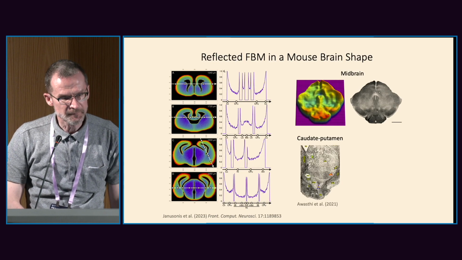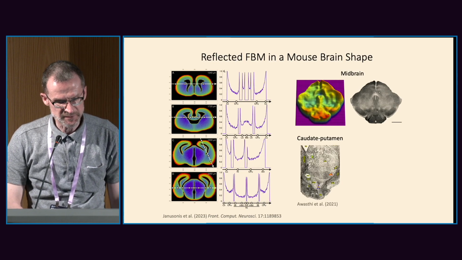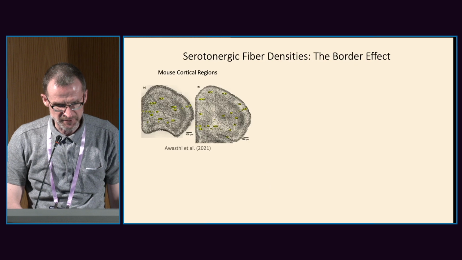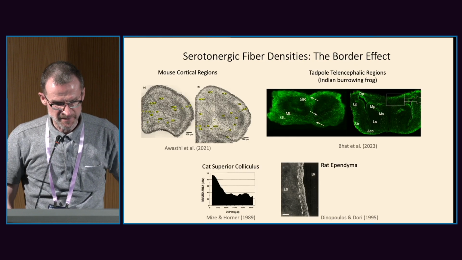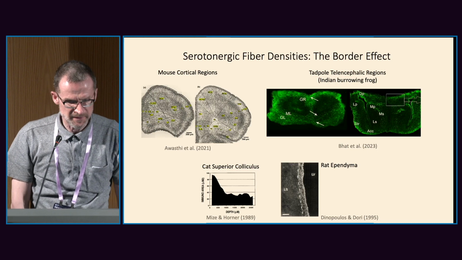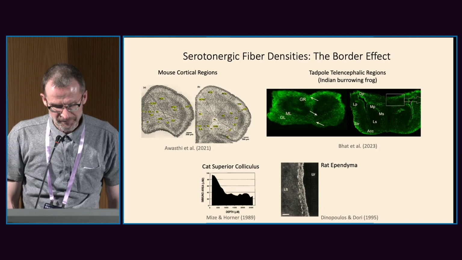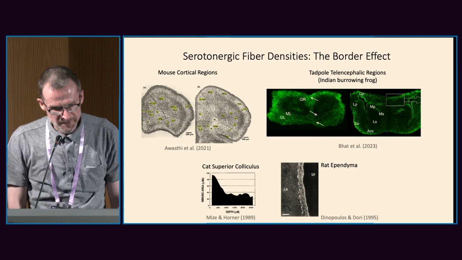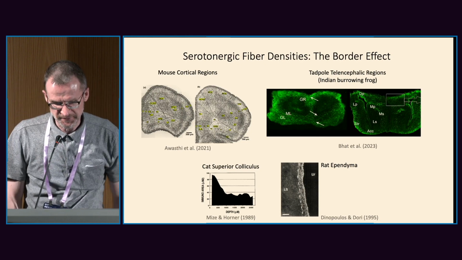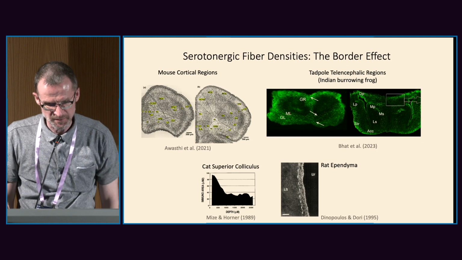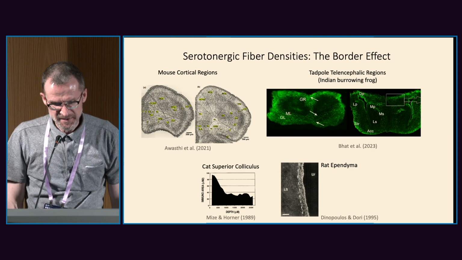Because I'm in my last minute, we can see those comparisons in the published paper. We are observing an effect which I've paid attention to for a long time, but people didn't, and that is that serotonin fibers tend to accumulate at the borders, and it doesn't seem to matter what that is.